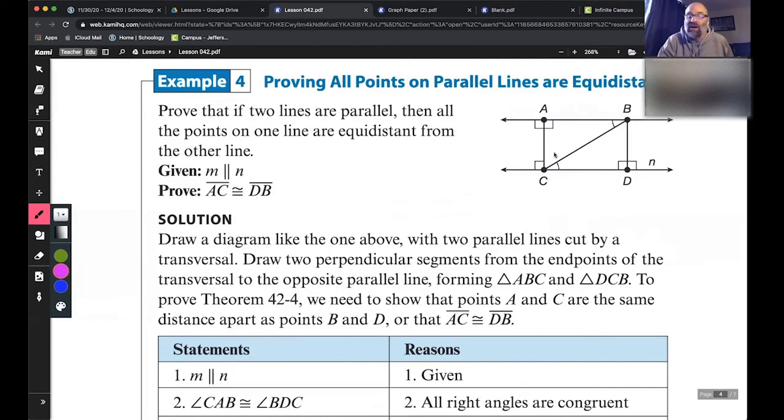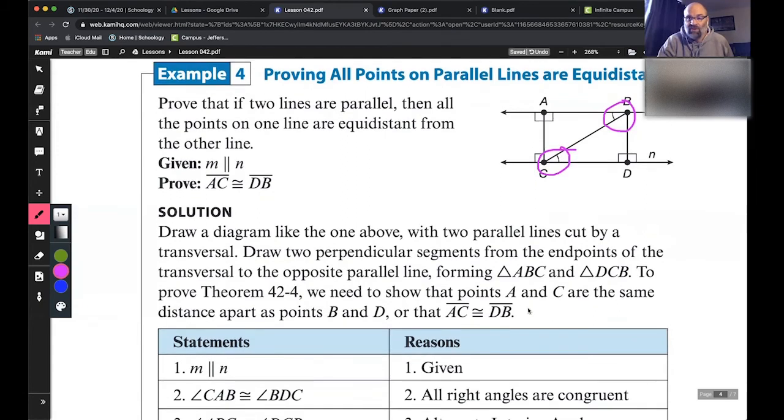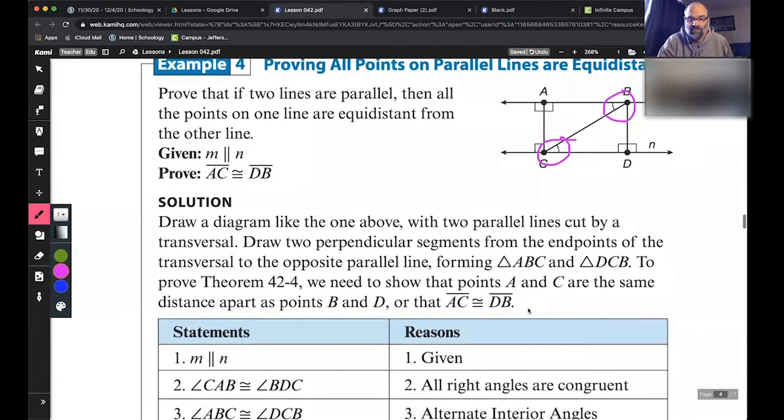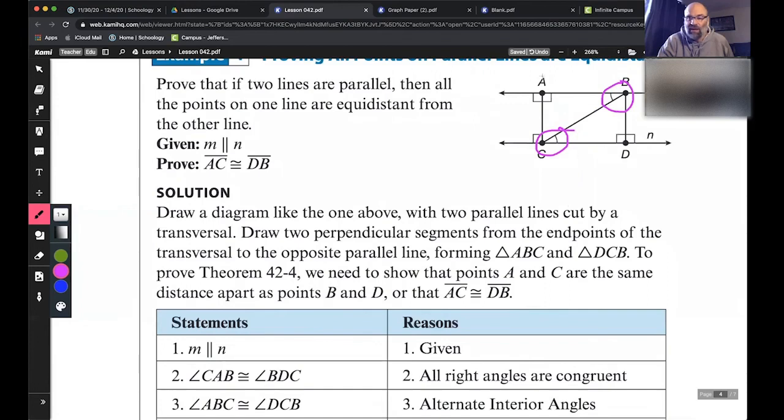We can also say that angle ABC, you see this angle right here, is congruent to this angle. Why can you say that? Anyone remember? Because when you have parallel lines and a transversal, the alternate interior angles are congruent.